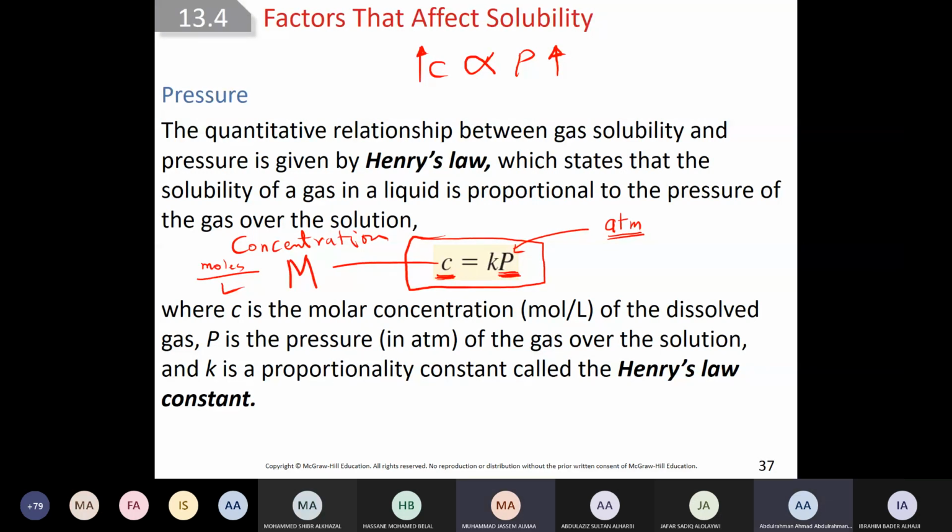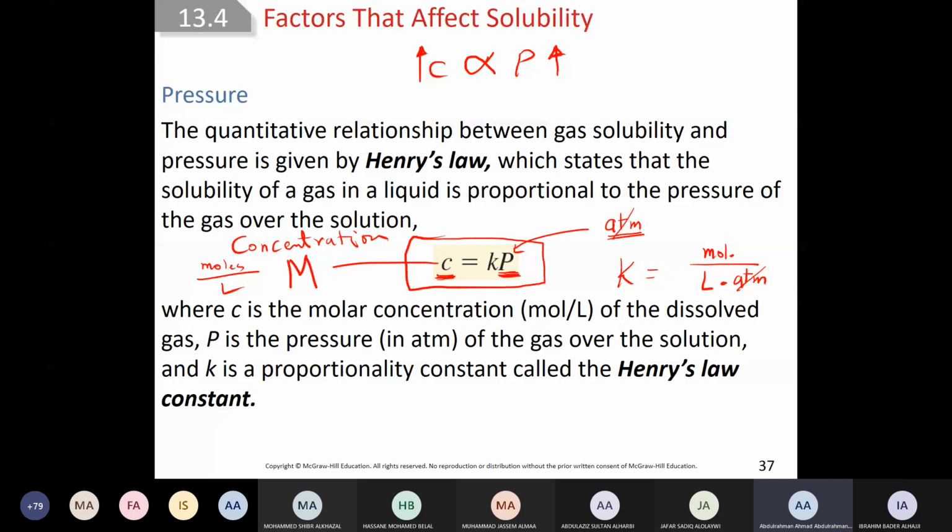The constant. What's the unit for this constant? Moles per liter times atmosphere, divided by liter times atmosphere. So atmosphere will cancel atmosphere, and the unit left is moles per liter.